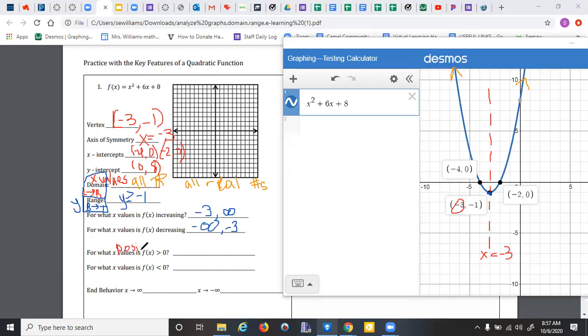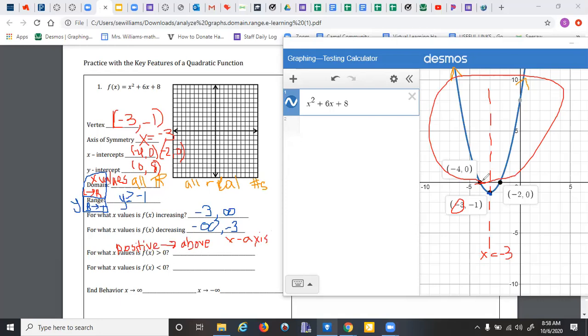It is positive anywhere it's above the x-axis. So it is above the x-axis right here. There are actually 2 sections where it's above the x-axis.